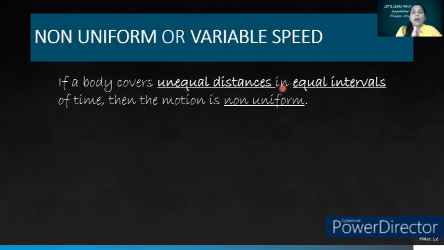Like in some hour it's moving 5 kilometers, then again the vehicle is going 10 kilometers, again in the next hour it's going 5 kilometers, and so on. So there the speed is varying because the change in distance is not equal.